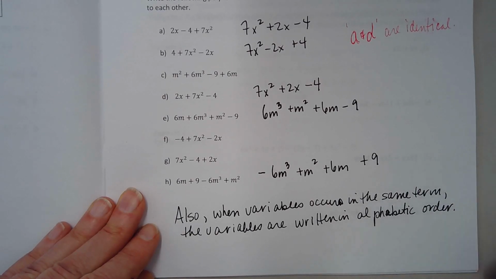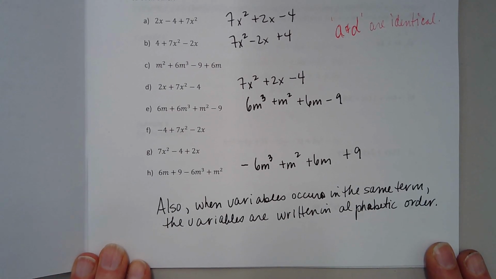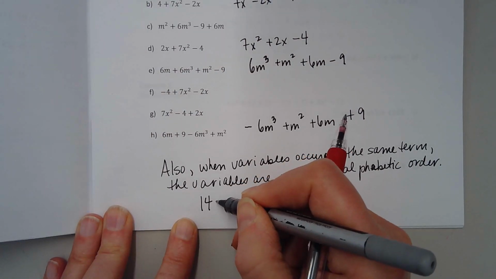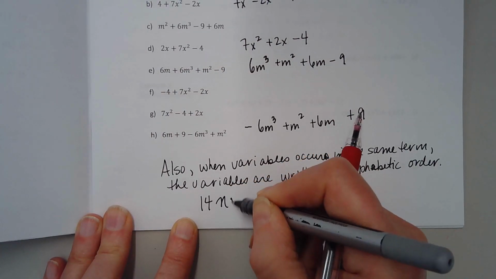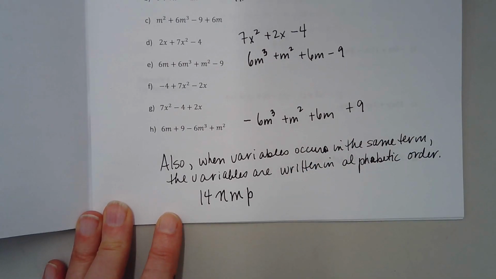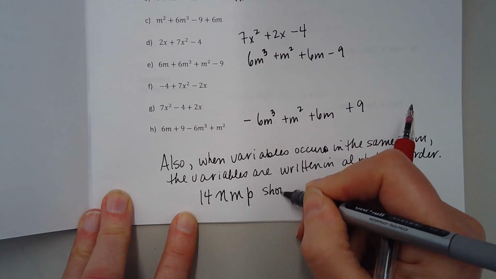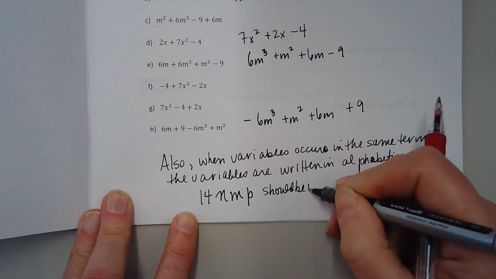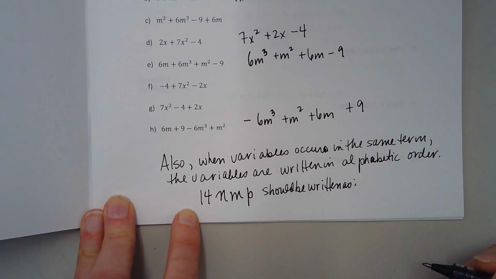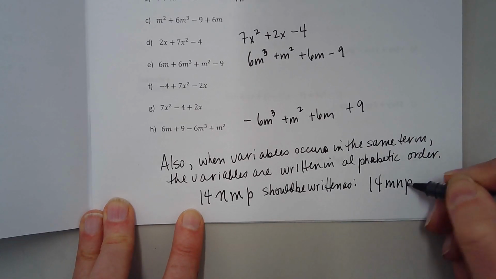That's another convention. So, if I had a term like, how about this? 14 NMP. Okay? That's not correct. That's not convention. Should be written as, okay, you kind of have to go through your alphabet some days, but it's 14 MNP.